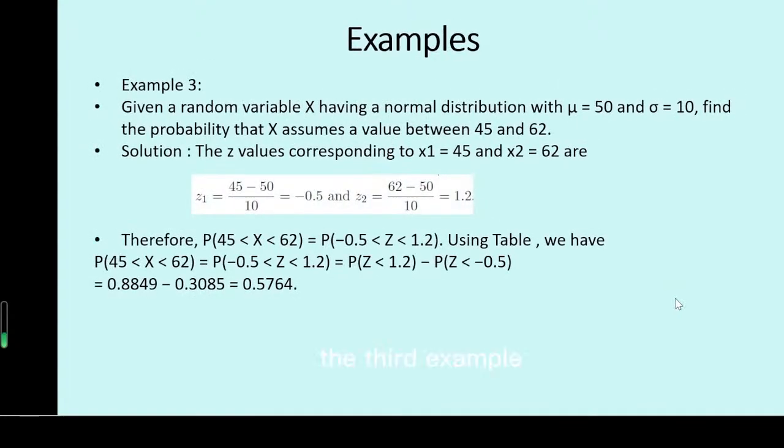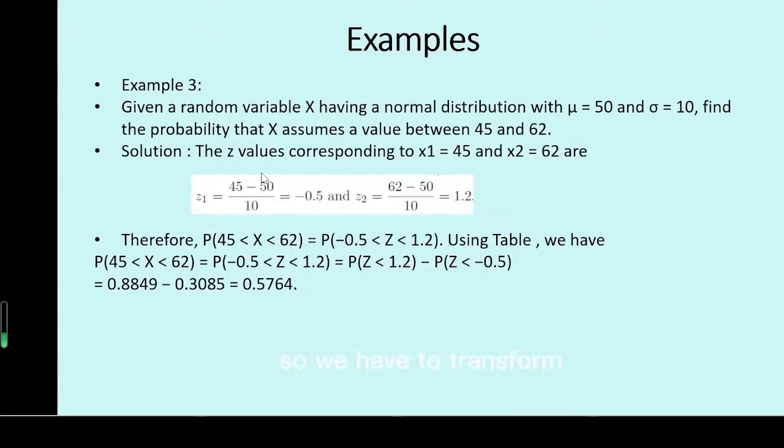The third example: given a random variable x having a normal distribution with mu 50 and sigma 10, find the probability that x assumes a value between 45 and 62. In this example, it is not a standard normal distribution, and we can only know the standard normal distribution's probability from the table.